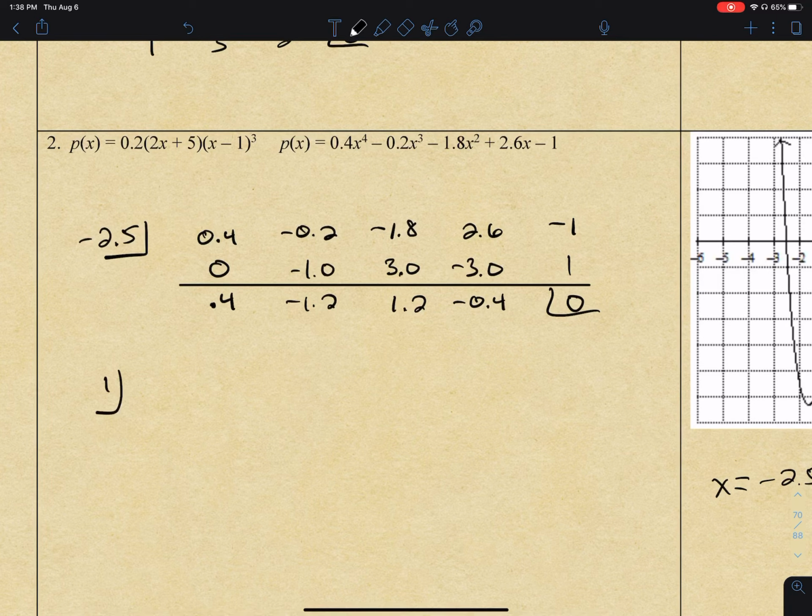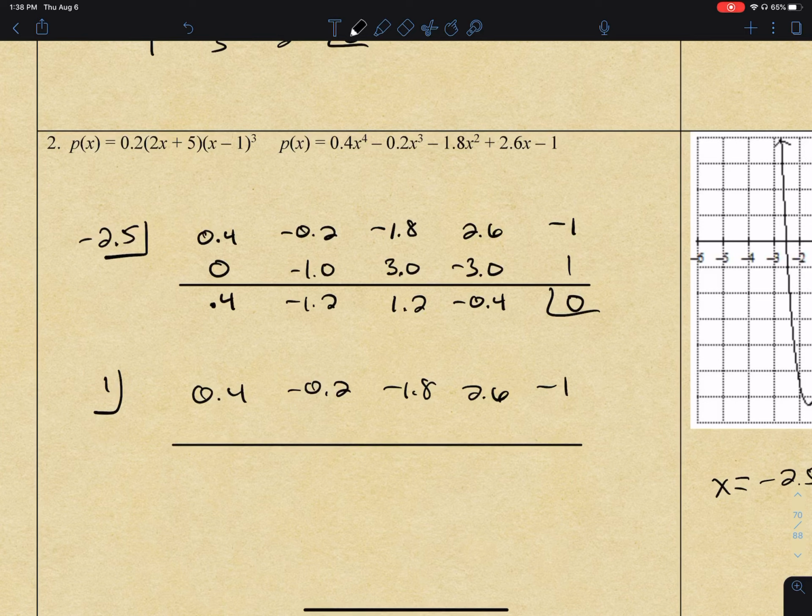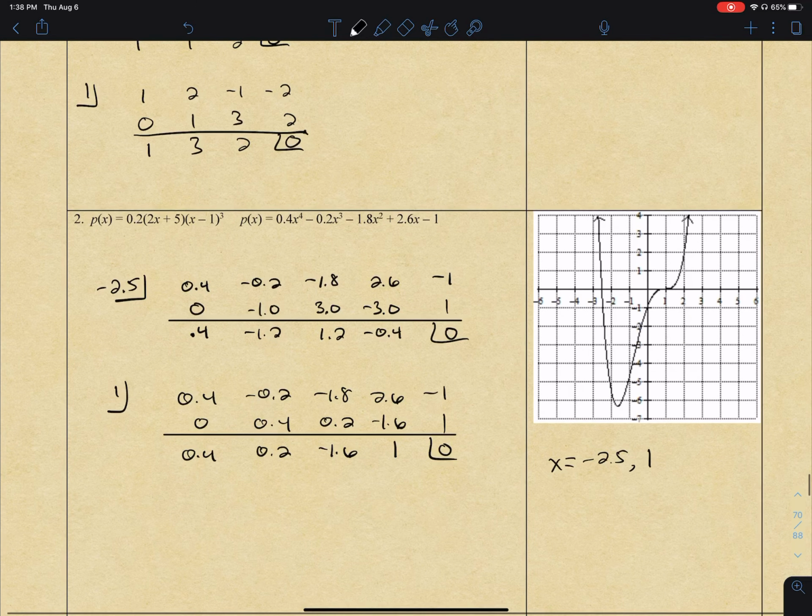Confirmed. If we divide by 1 synthetically, so it checks out.